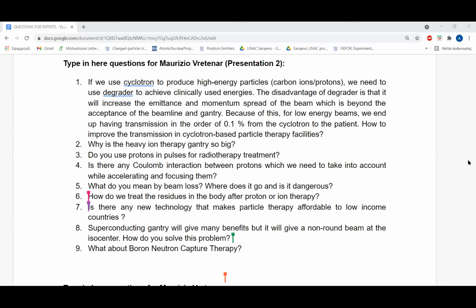Question 4: is there any Coulomb interaction between protons which we need to take into account while accelerating and focusing them? Yes, the Coulomb interaction is what I called the repulsion in my previous lecture.